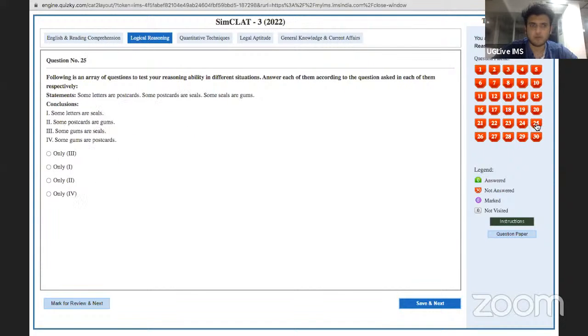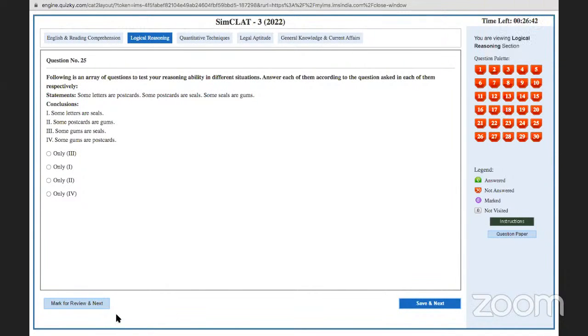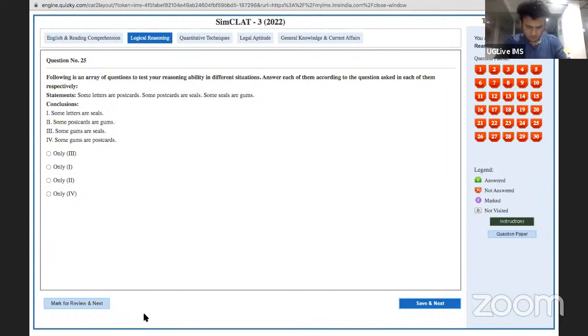ठीक है. तो I'll start with the easiest question. Right. So some letters are seals. Some letters are postcards.